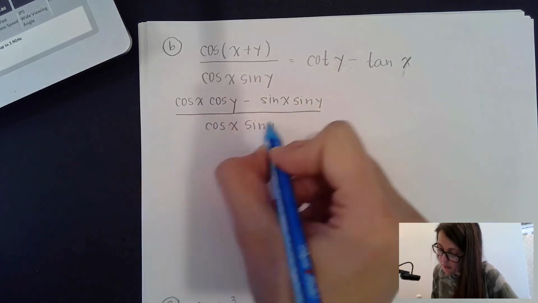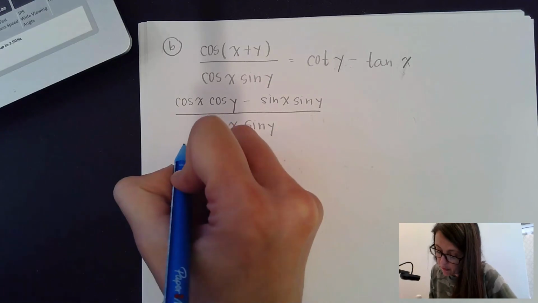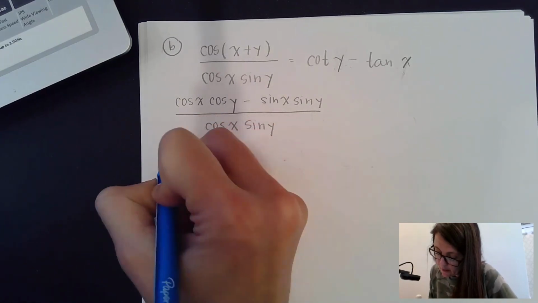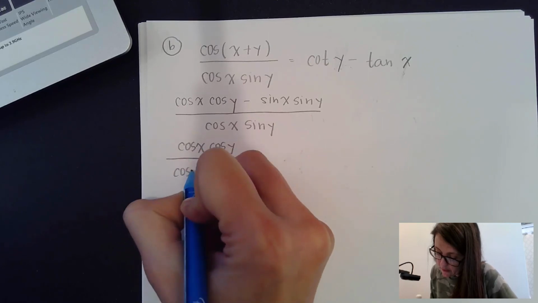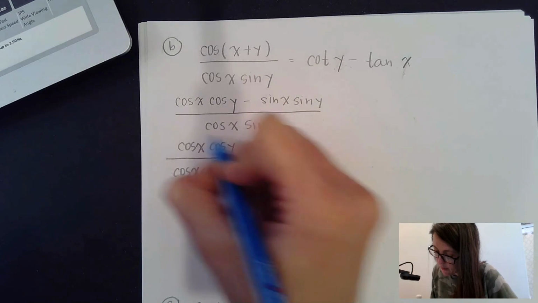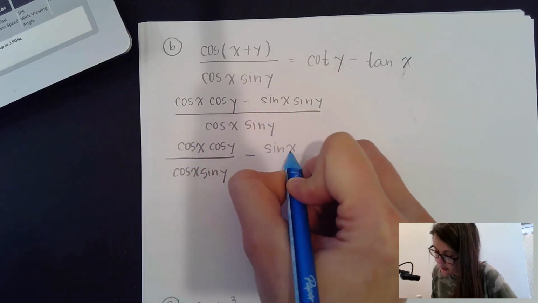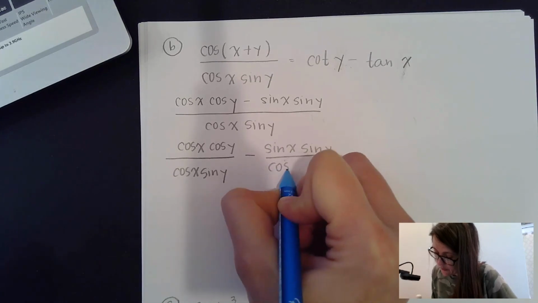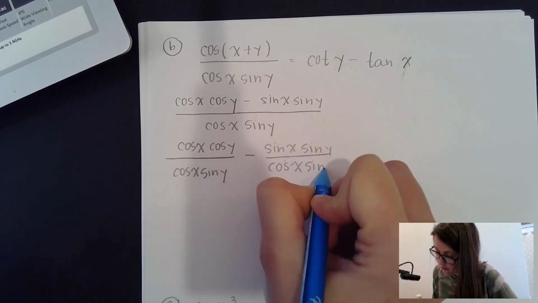And then I'm going to separate these and put them over each other. So this will be cosine of x cosine of y over cosine of x sine of y minus sine of x sine of y over cosine of x sine of y.